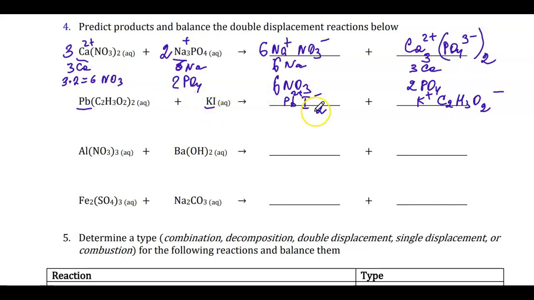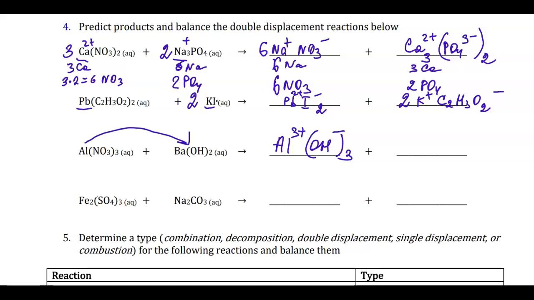And we just need to balance, and this coefficient 2 in front of potassium iodide, and here in front of potassium acetate solves the problem. Okay, the next one, aluminum nitrate reacts with barium hydroxide. So aluminum goes here, aluminum 3 positive, OH negative. It's not neutral. Additional 3 needed here, right?